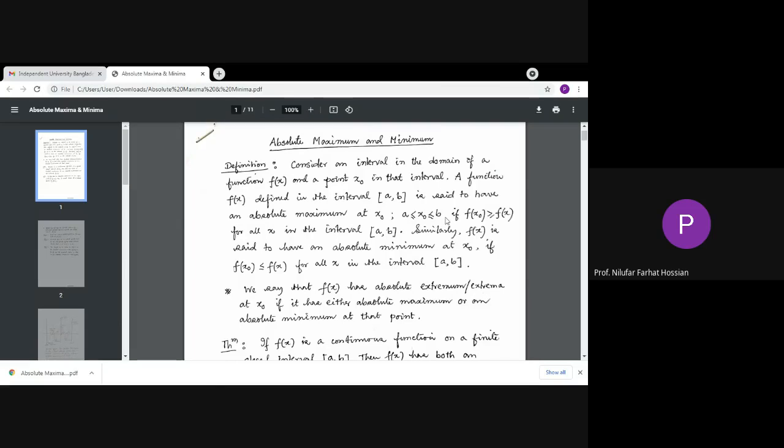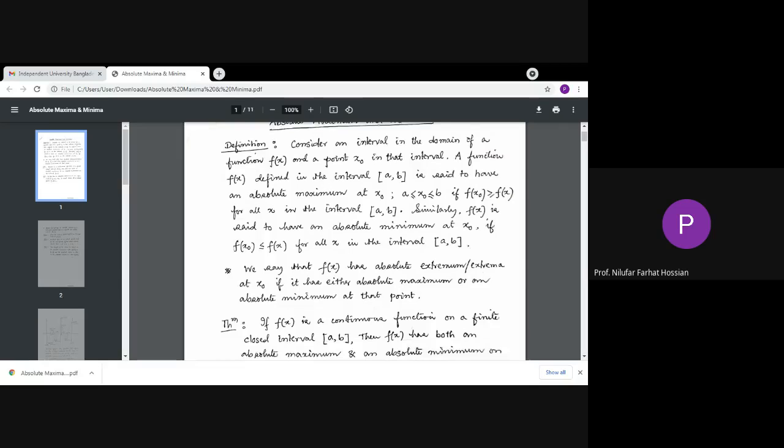So f of x naught should be the maximum value for all x in this interval. Similarly, the function is said to have an absolute minimum at x naught if f of x naught is less than or equal to f(x) for all x in that interval [a, b]. So this is the definition.